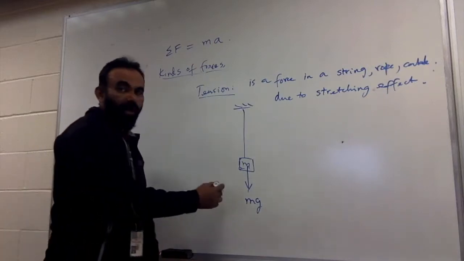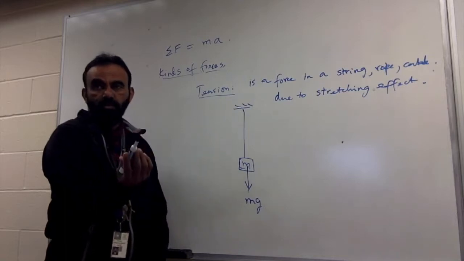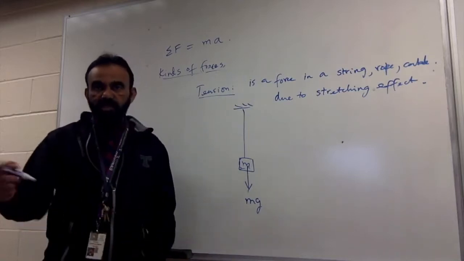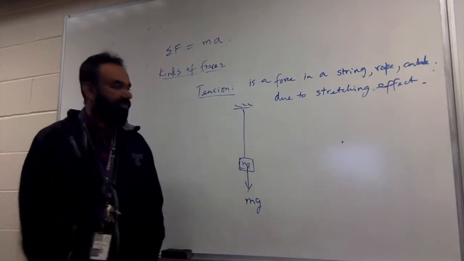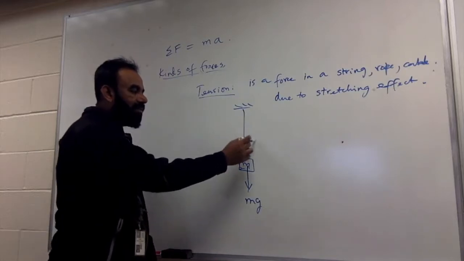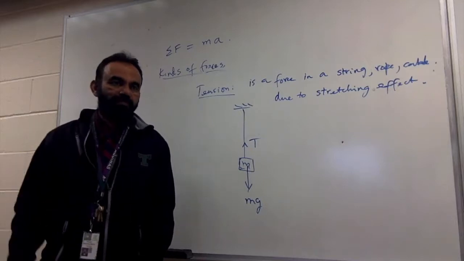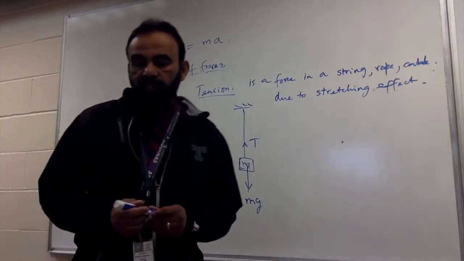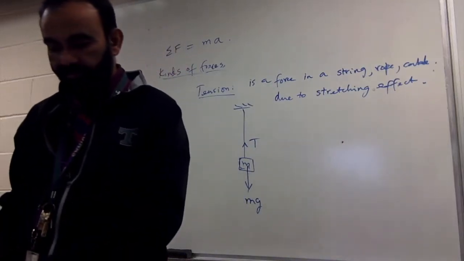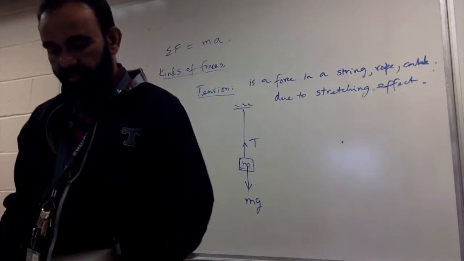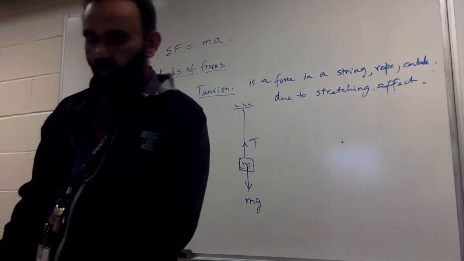You can also write w if you want, which is also weight, but it will be better to write mg as a weight. What is acting upward? Tension. Tension is pulling it up. Make sense? So tension is a force that will be required.